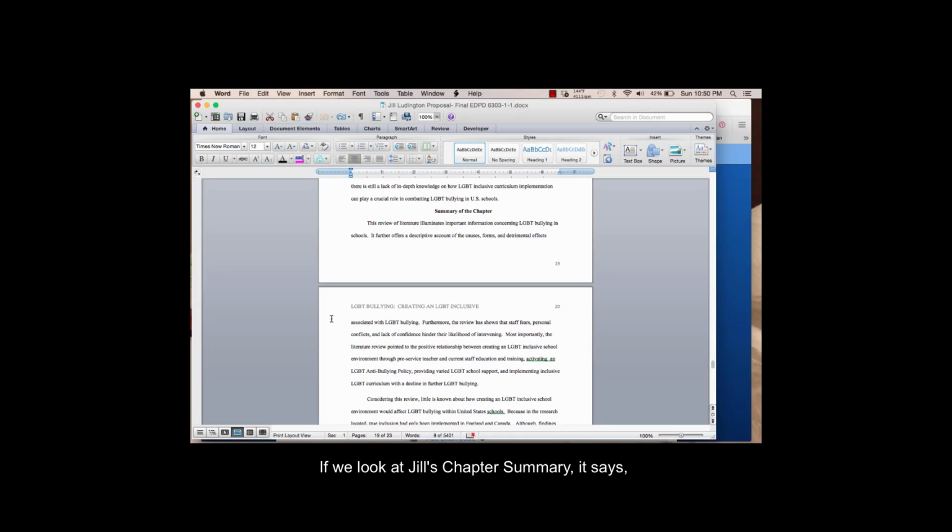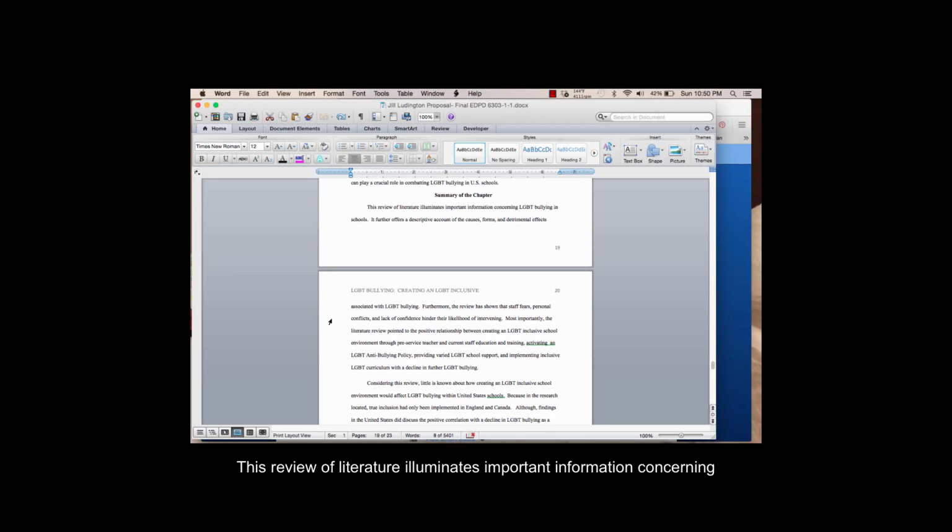If we look at Jill's chapter summary, it says, "This review of literature illuminates important information concerning LGBT bullying in schools. It further offers a descriptive account of the causes, forms, and detrimental effects associated with LGBT bullying. Furthermore, the review has shown that staff fears, personal conflicts, and lack of confidence hinder their likelihood of intervening.